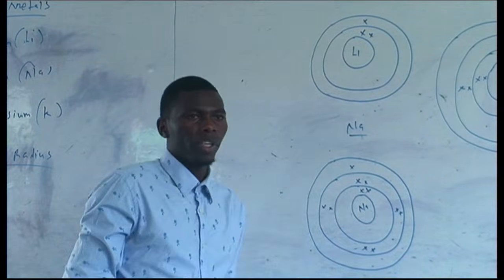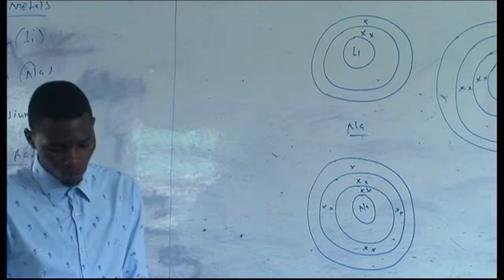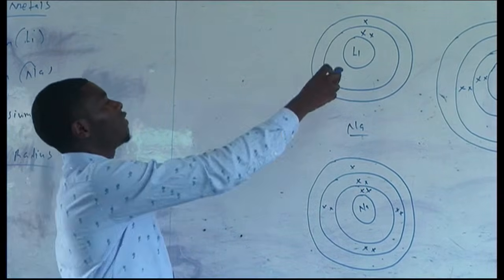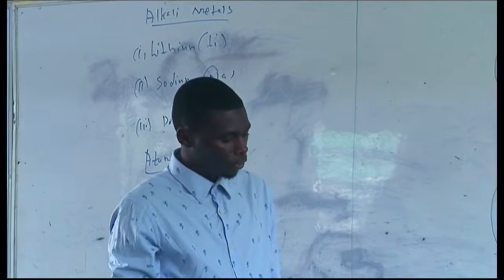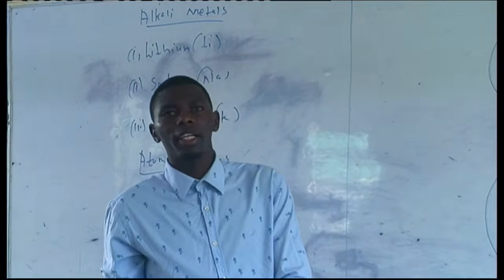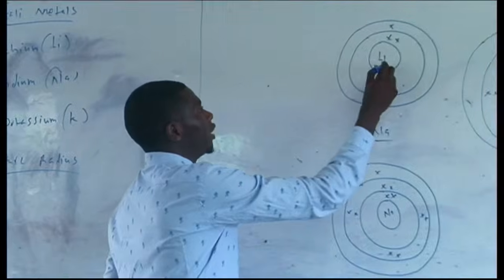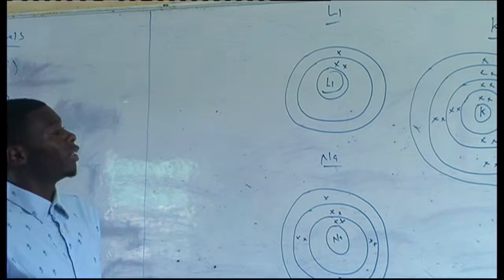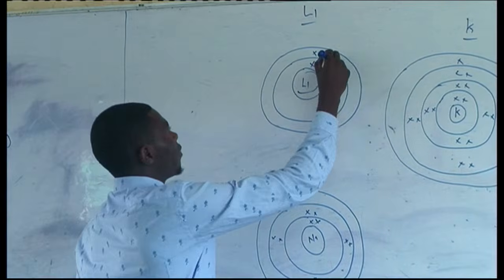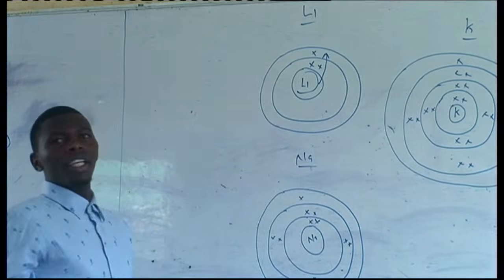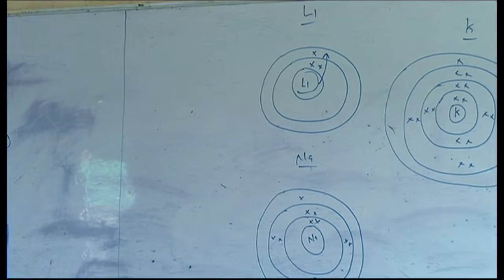For example, we have lithium. When we say the nucleus, we are talking about the center part of these alkali metals to the outermost energy level occupied by an electron.